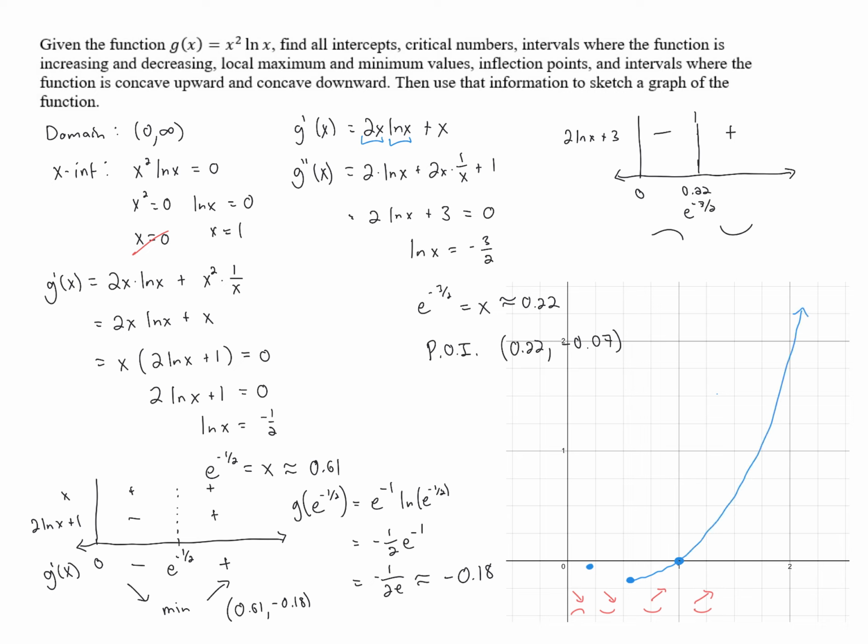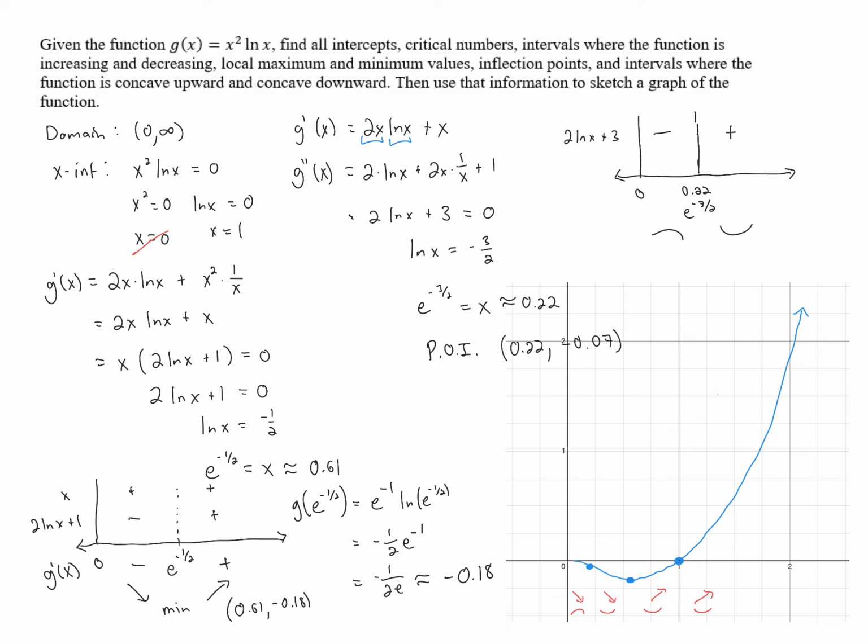So probably something like that. And then in these areas, we are decreasing and we are concave down and then concave up. But we're not decreasing very rapidly. So that's going to be concave up a little bit. And then this is going to be concave down.